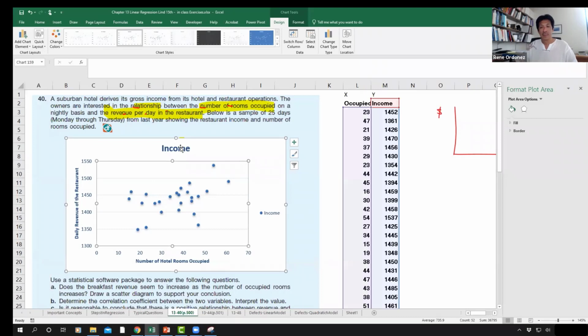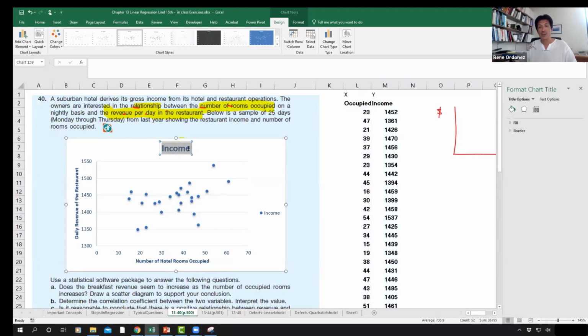And you can change the title to make it more descriptive. So you can say this is number of rooms occupied versus daily revenue of the restaurant.